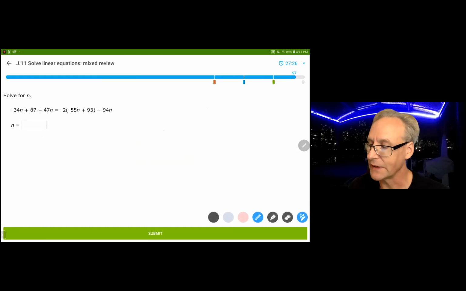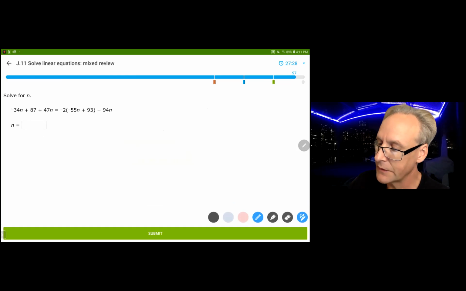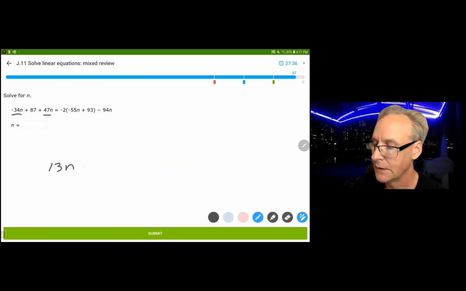And, oh, now we get one. That's interesting. Okay, so we've got -34n and 47n. When you put those together, it looks like you get 13n plus the 87 is still there. Over here, we're going to have to distribute our -2 to both parts. Kind of a problem. That's 110n.